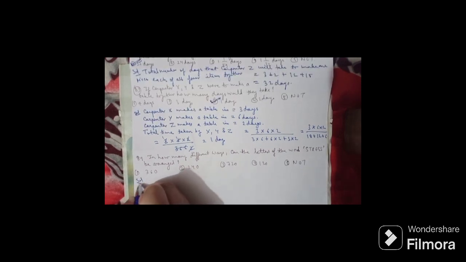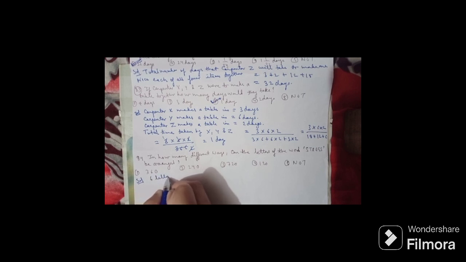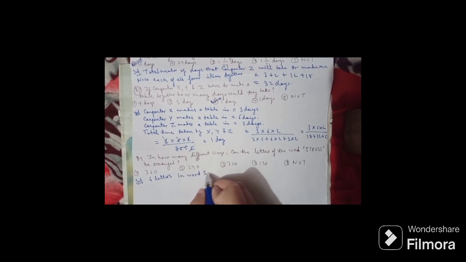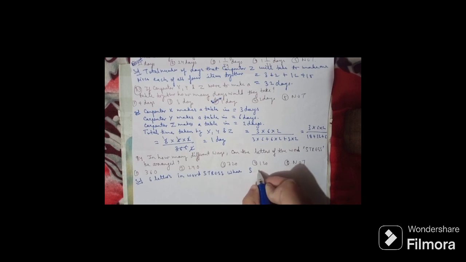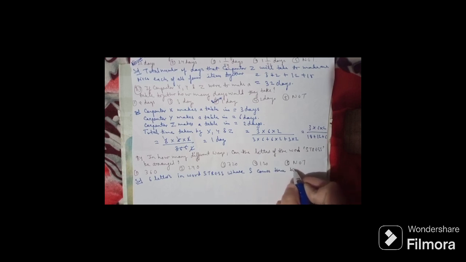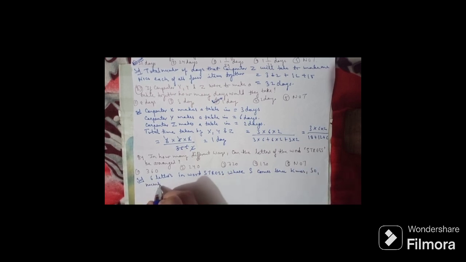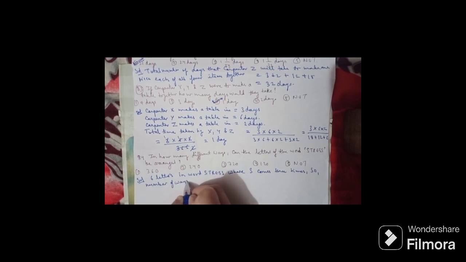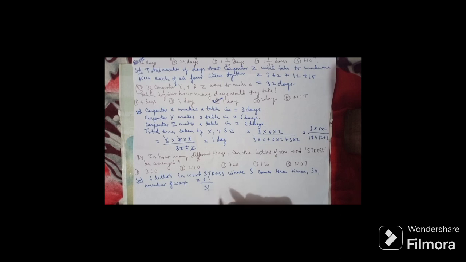So number of ways is 6 factorial upon 3 factorial, so 720 upon 6.